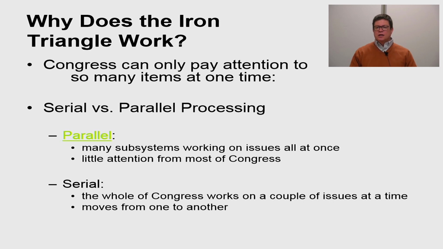Now the question is, how does this all happen? Why does this stuff take place outside of public view? Well, basically because, we talk about Baumgartner and Jones in some other sections when we talk about the iron triangles and so forth. There's a differentiation between what we can call serial and parallel processing, right?